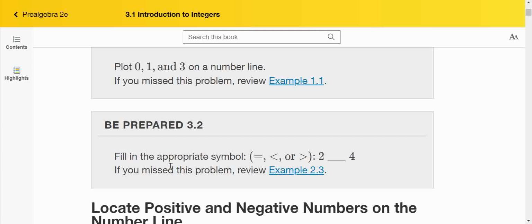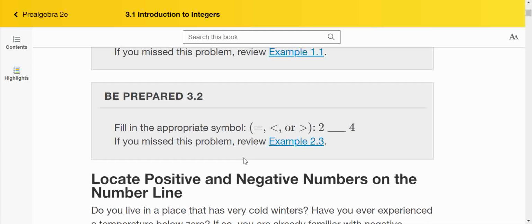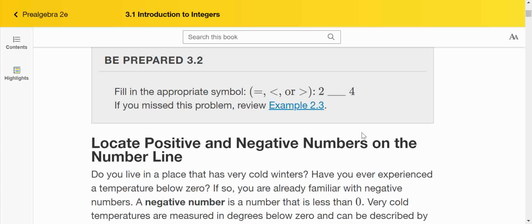Fill in the appropriate symbol: equal to, less than, or greater than. If you missed this problem, review example 2.3.